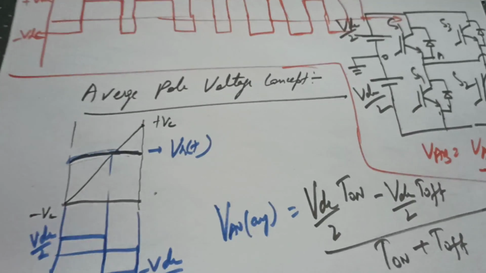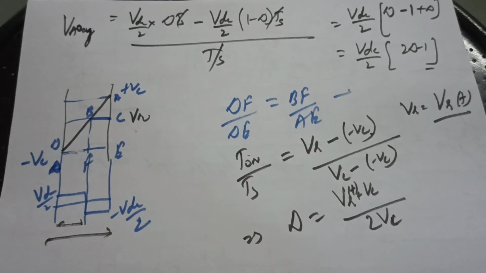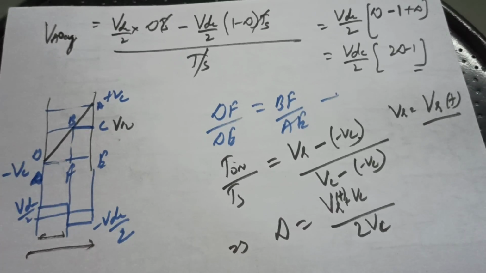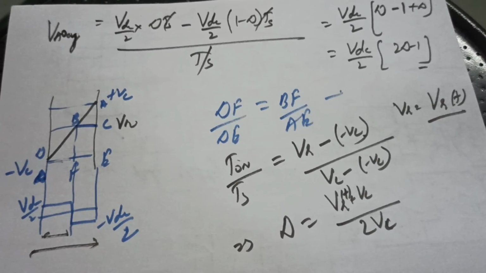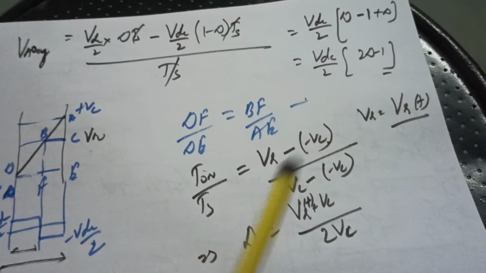This is the average voltage. Now VA0 average, the average voltage of what? The average pole voltage corresponding to pole point A. T on can be easily written as D TS, and T off is 1 minus D TS, which gives us VDC by 2 into 2D minus 1.